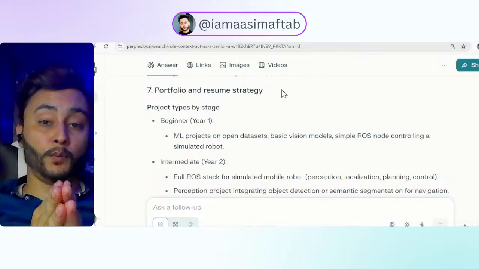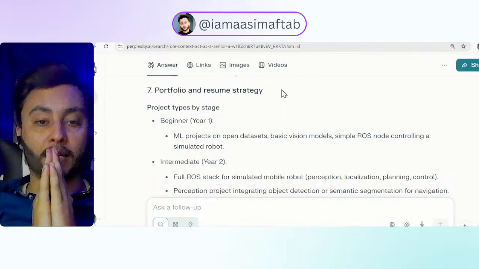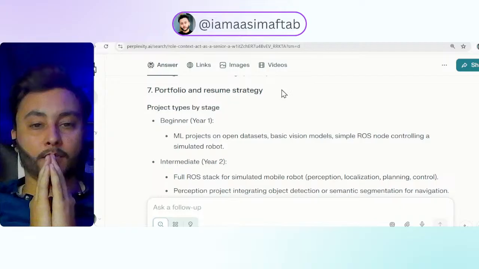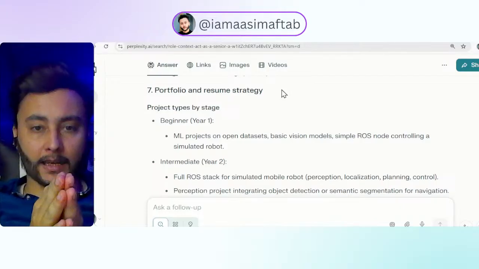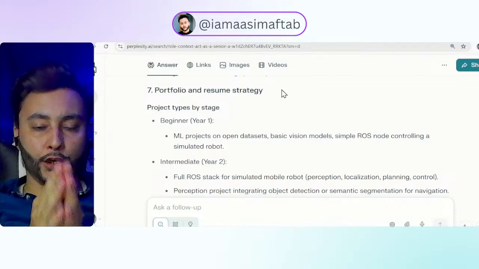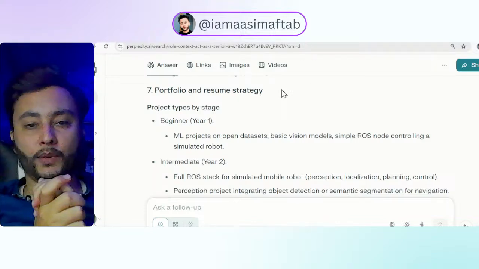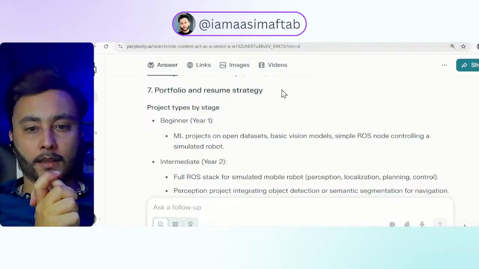Some of you may have more intelligence than me. You will find different ways in this domain to learn things faster. But this is one of the things I use in my daily life to learn a domain which I don't know about.